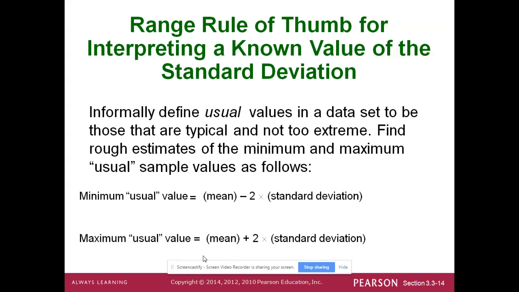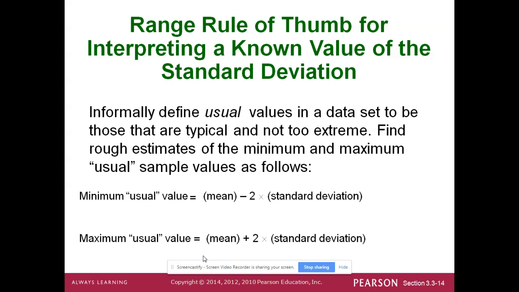Your maximum usual value is going to be the mean plus 2 times whatever you find for the standard deviation. Those are how you determine if a value is usual or not extreme. Or better yet, you're testing if a number is an outlier. We're going to look at an example of that in a second.